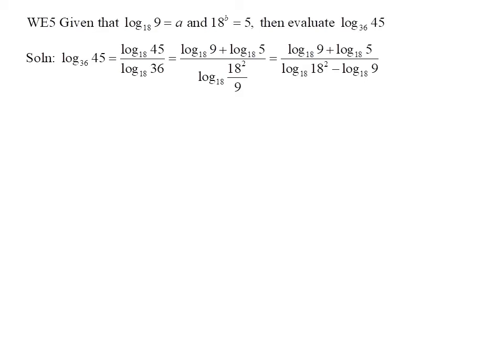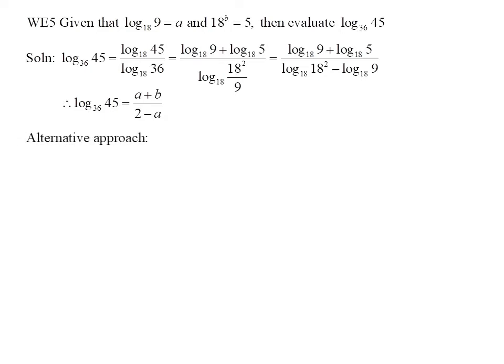So it becomes the quotient of logarithm base 18 of 45 to logarithm base 18 of 36, which can also be written as the quotient of the sum of logarithm base 18 of 9 and logarithm base 18 of 5 to the result of logarithm base 18 of 18 squared minus logarithm base 18 of 9, which equals the quotient of a plus b to 2 minus a.